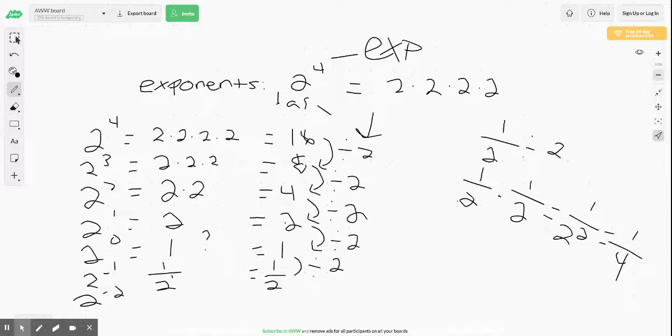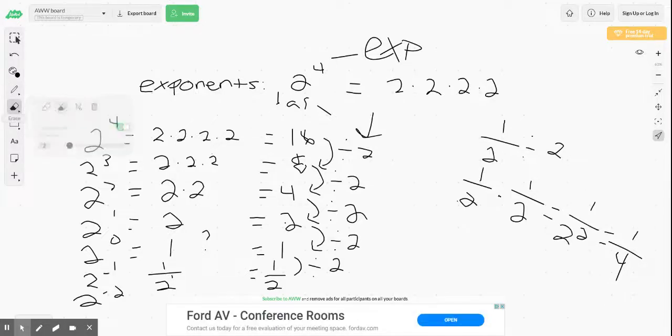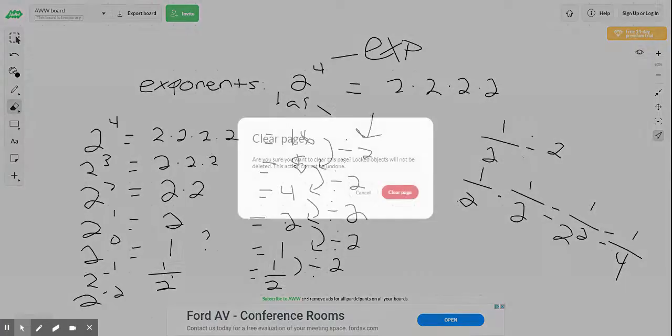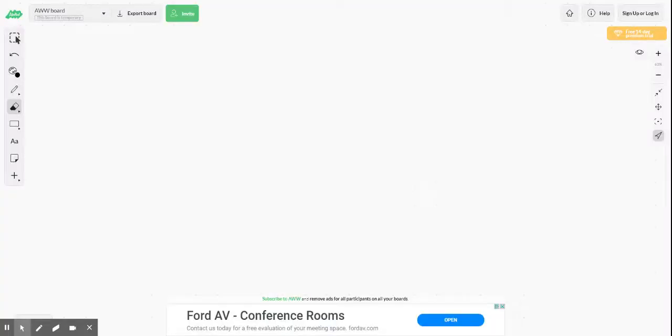So every time you have a negative exponent, it turns it into a fraction. And that exponent is now going to turn into a positive exponent.